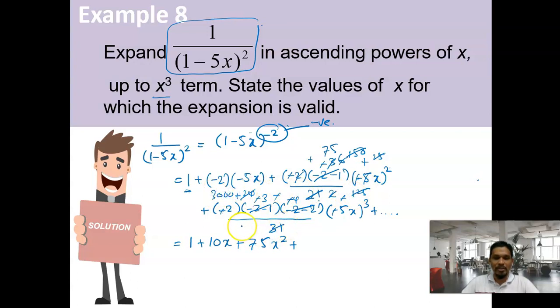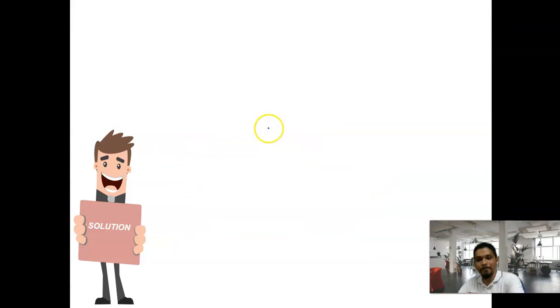And 3 factorial is 3 times 2 times 1 equal to 6. So 3,000 divided by 6 equal to 500x cubed. So this is it. It is different from the previous case where n is positive, but right now it's negative or a rational number.